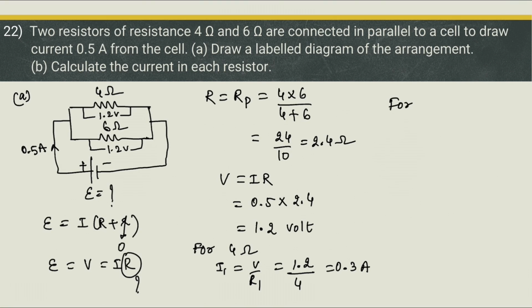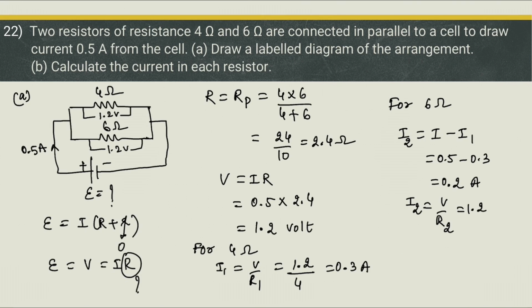So now for 6 ohm, we can say that the current through 6 ohm is total current minus current through 4 ohm, 0.5 minus 0.3, that is 0.2 ampere. Or we can also find out the current in 6 ohm using the formula V upon R2, that is 1.2 upon 6, 0.2 ampere.